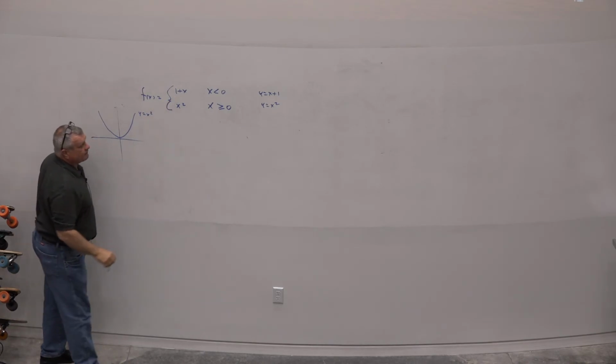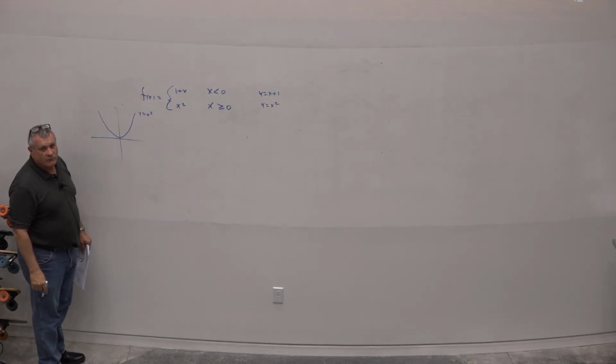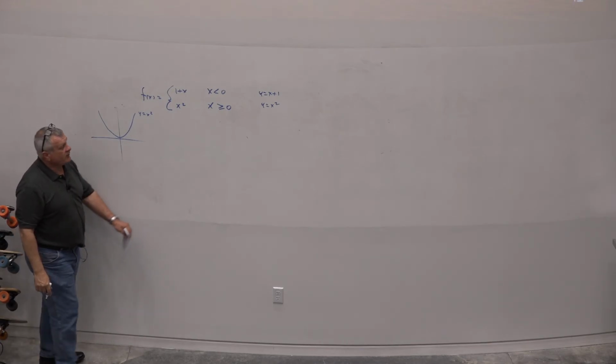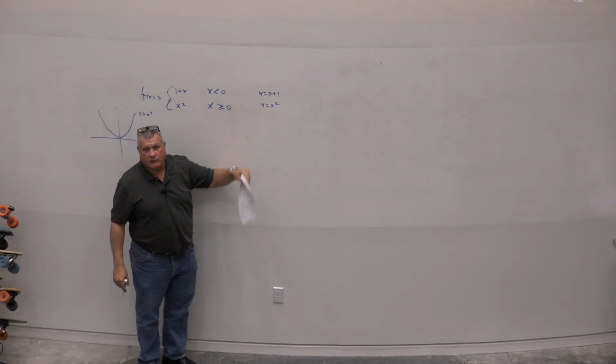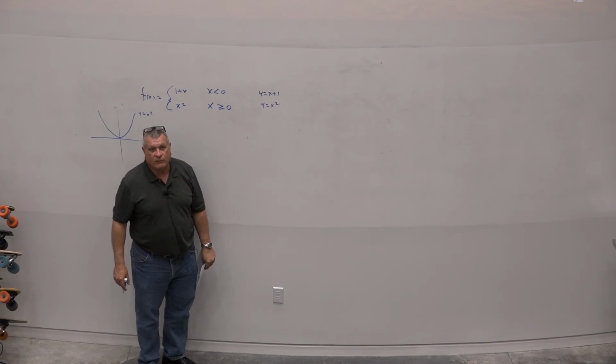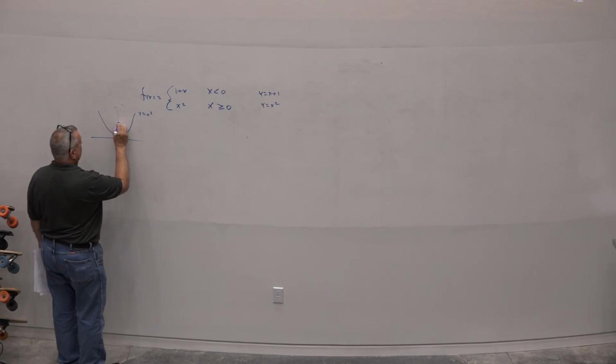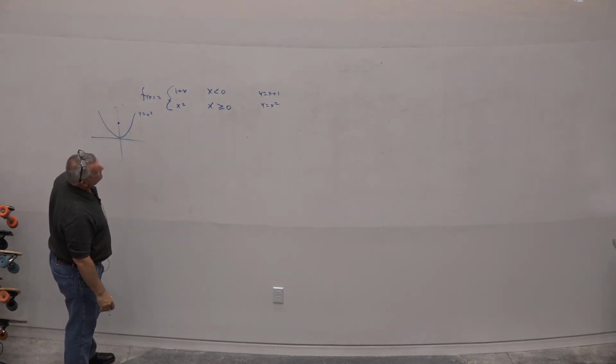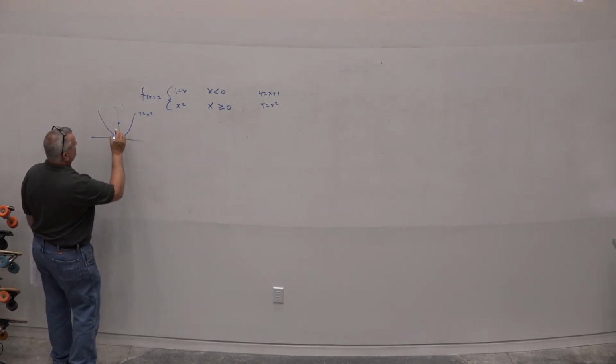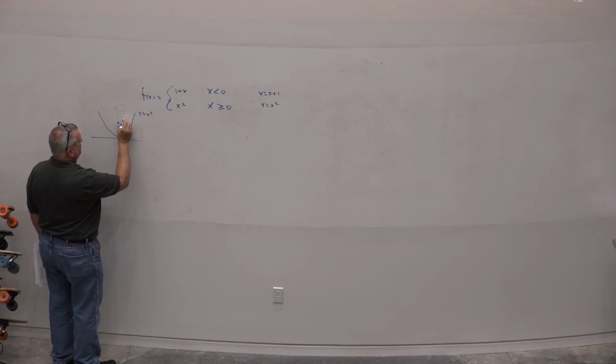How am I going to graph that piece? What point do I know for sure? Yeah, positive 1 right here. I know I got that. And it's a positive slope, so I go out 1, I go up 1. Okay, it looks like that.